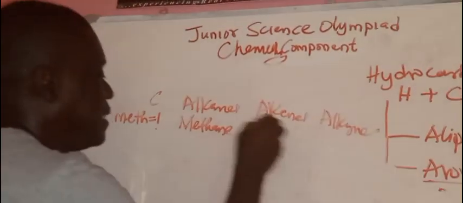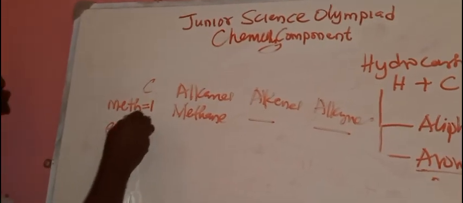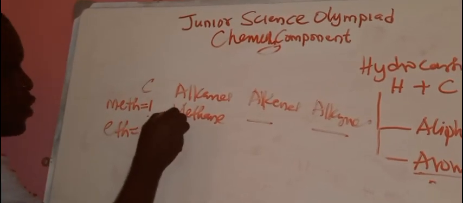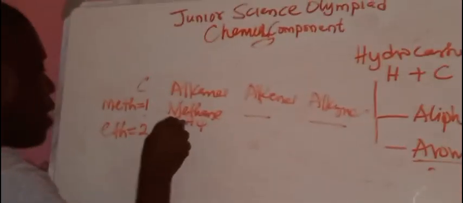The next one is eth. Eth means 2. Now the formula for methane is CH4. If you use this formula, C is 1 carbon. You put 1 there. 2 times 1, 2, plus 2, 4. That's why you have CH4.